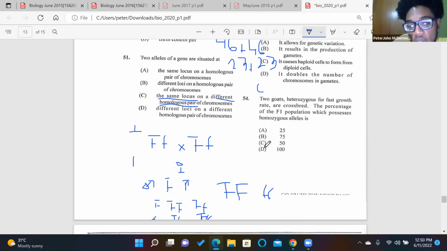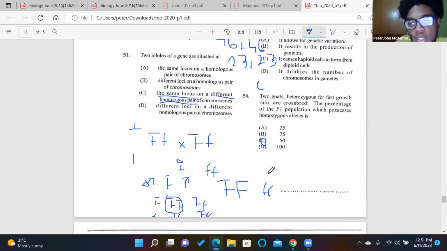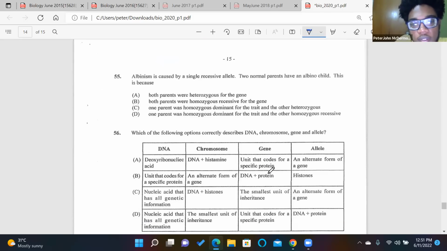So that's 50%. That's why you need to always do the test cross. You were just looking at the two small f's, but the big F's are also homozygous. So 50%.